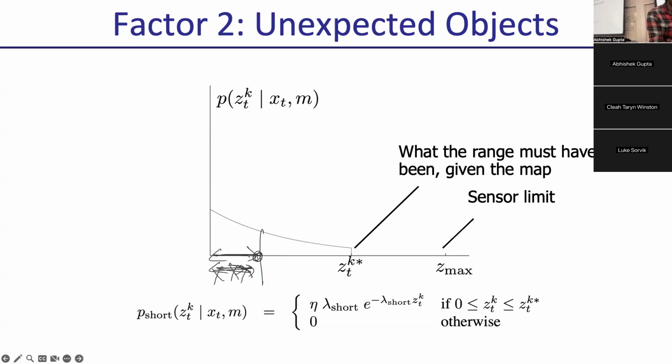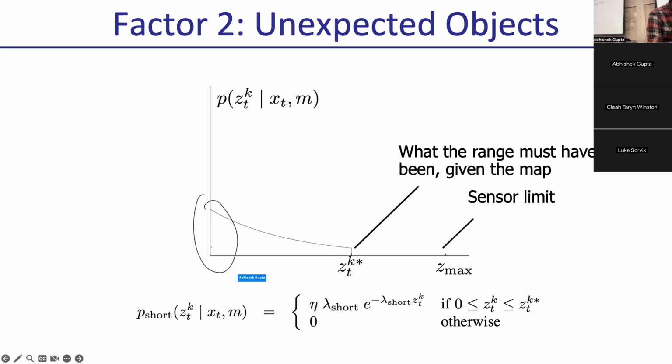And the likelihood of there being no obstacle becomes lower and lower the further you go away, because it's like when you're flipping a coin, you have to get all tails, right? So you have to multiply all of these probabilities. And so it's going to be an exponentially reducing distribution, right? And so the second factor is that when you have an unexpected object, you're going to get measurements with a likelihood which is exponential. So it's going to be high for short measurements and then exponentially reduce, right?